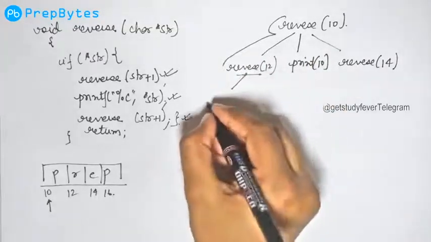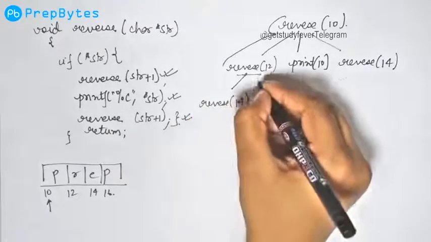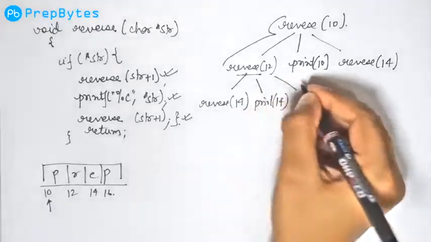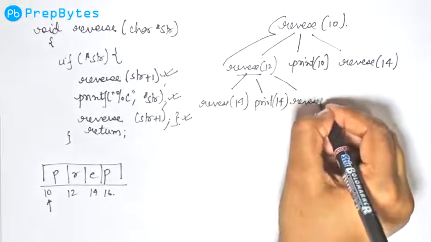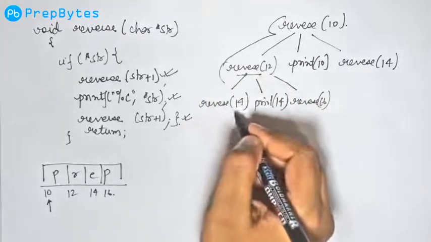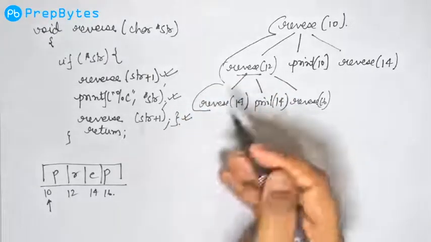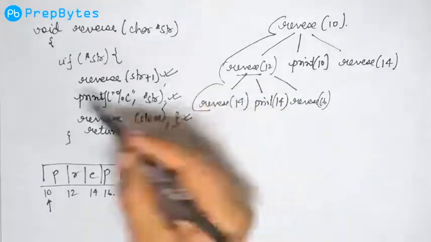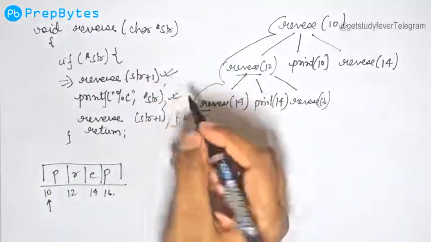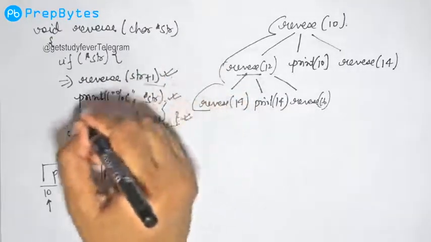Reverse 12 will further call reverse 14. It will print whatever is there at the 14, and it will call reverse 16. So again, since reverse 14 will be the first call to get executed, this is what's happening. Reverse is coming here, it is executing this function, and it is keeping in the stack that, okay, after this call is finished, I have to execute this.